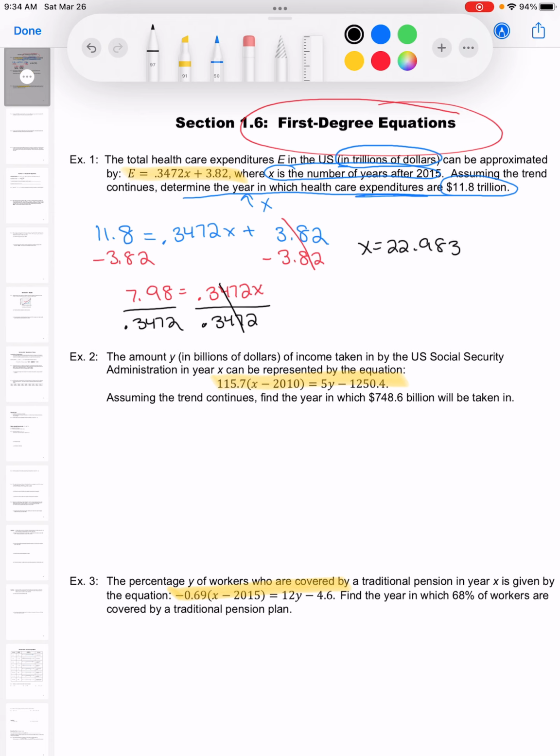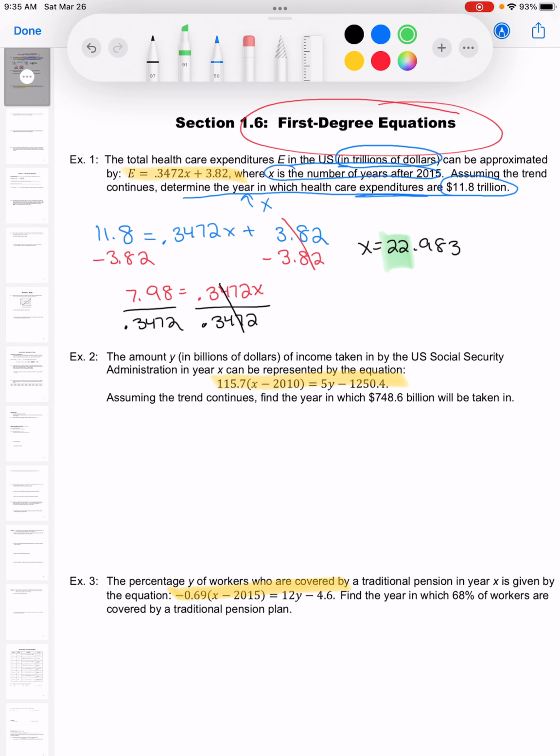Now with years, we don't want to follow regular rounding rules. We're going to do something called truncating instead, where we look just at the whole number, not the decimal. I know that if we followed regular rounding rules, this would round to 23, but we want to know what year this happened in. It happened sometime in the 22nd year.